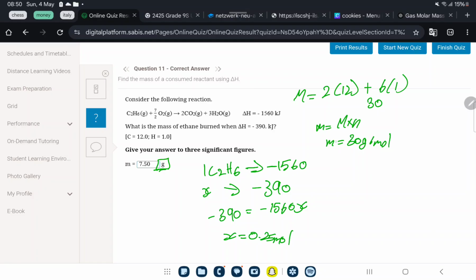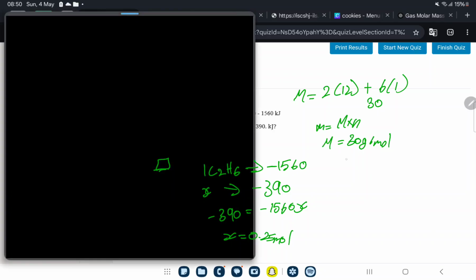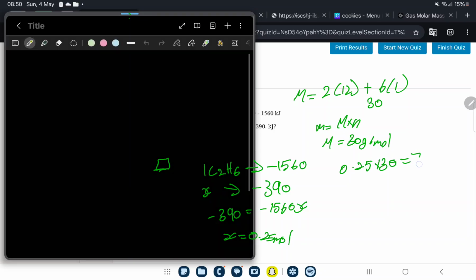To get the mass, you multiply it by the moles. Moles are 0.25 times 30, and you get 7.5 grams. They wanted 3 significant figures, so 7.50 grams.